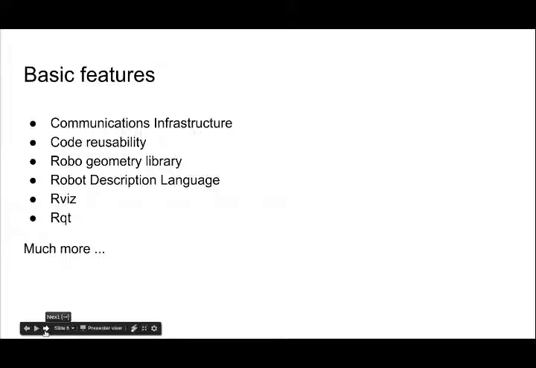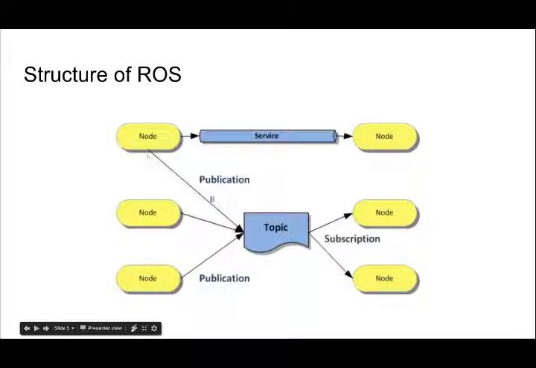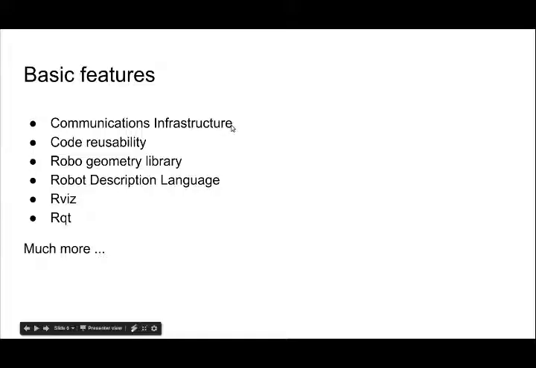Basic features of ROS. These are the basic features which you can find on your ROS website. Communication interface: the thing which I just said, messaging, publishing and subscription, is called the communication interface. The main thing is it provides a way to communicate between multiple computers, across LAN, across WAN.